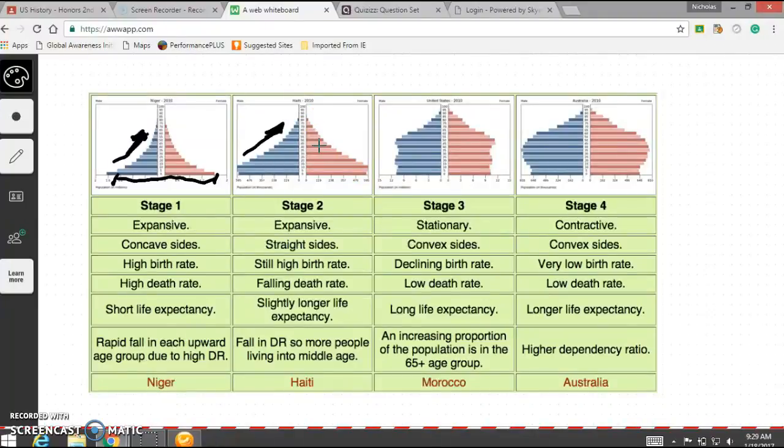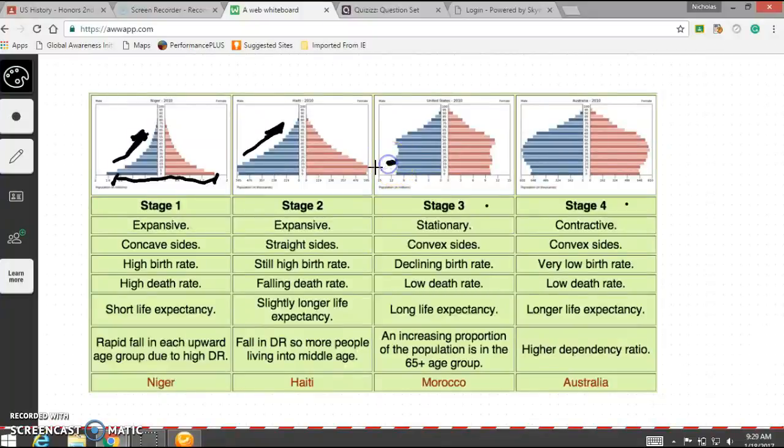Stage 3 and stage 4, again, we pointed out, it's kind of confusing what the difference is between the two of them because they really kind of look the same, right? What we really want to look at is the economically active. So here in this stage 3 country, we've got the economically active.